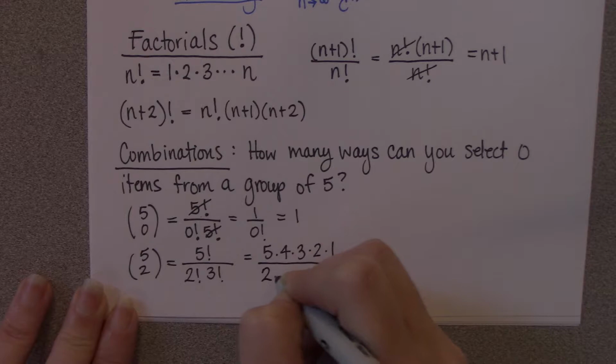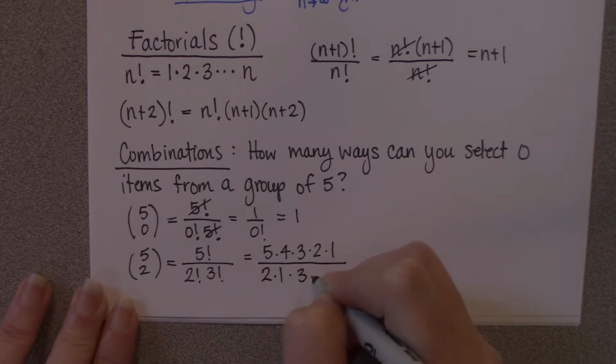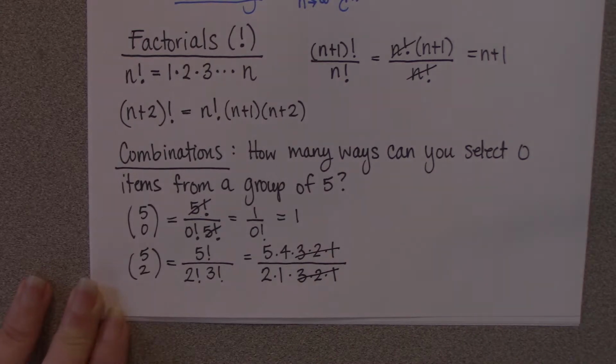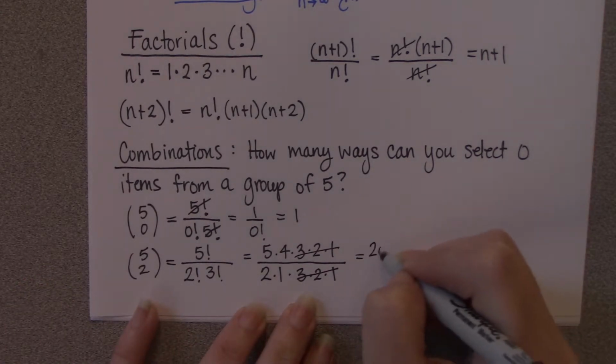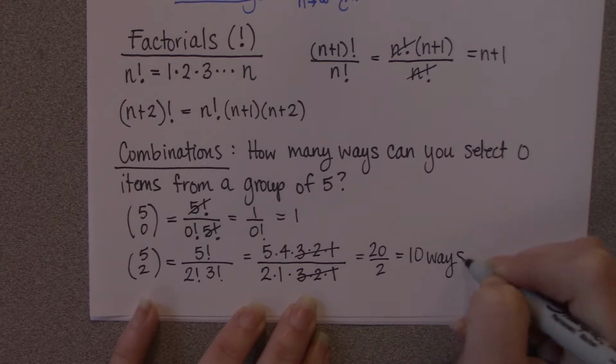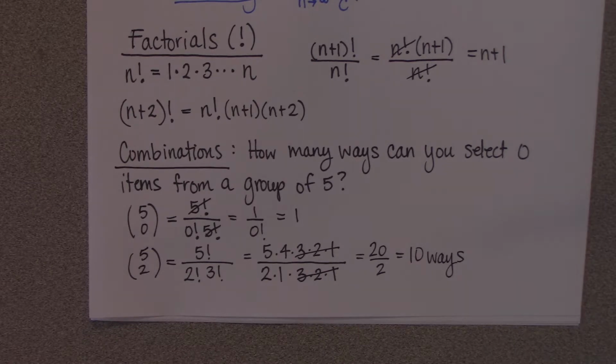The denominator is 2 times 1 times 3 times 2 times 1. So the 3, 2, 1 cancels, and you just get 20 over 2, or 10 ways. So there are 10 different combinations of 2 candy bars you could get out of a bag of 5.